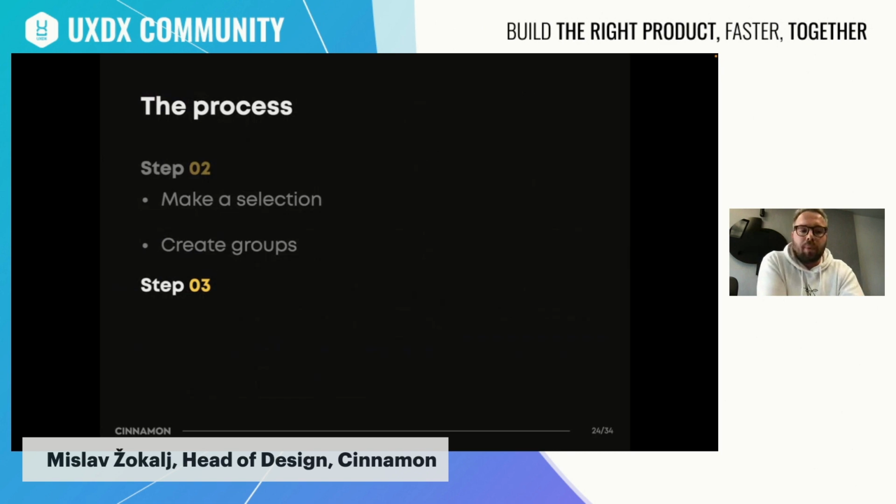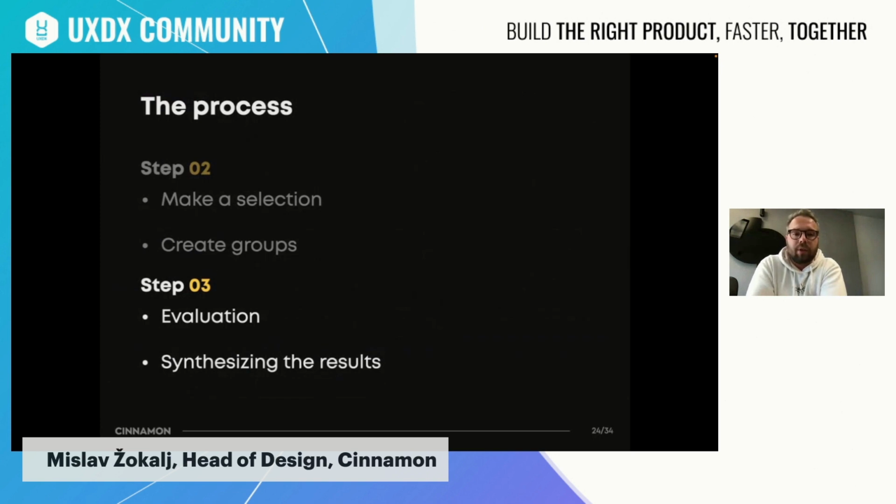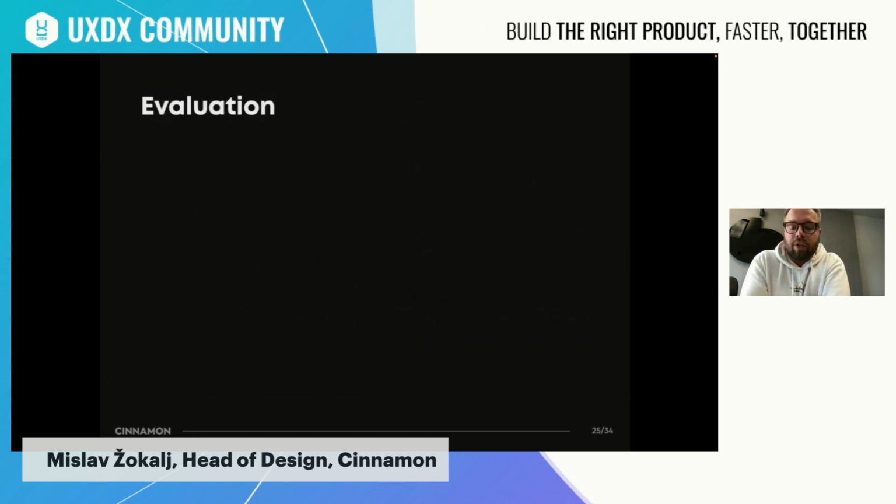The step number 3, how we can approach it once you have defined your stack and divided them into coherent groups, is basically to do evaluation, and in the end synthesize the results of your findings from implementing that process in your team. Evaluation was done on a few levels. The first one was self-evaluation, where we had a 30-minute call with each designer where we asked them to evaluate themselves based on the skills.